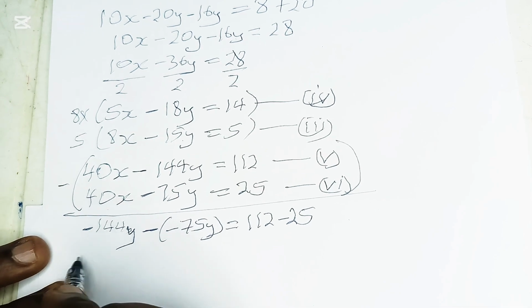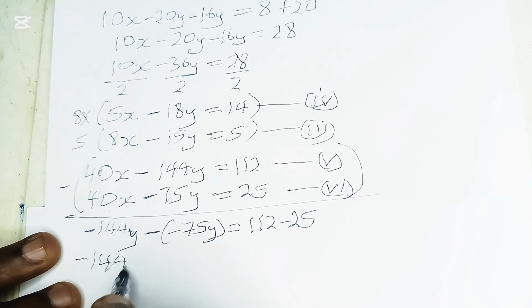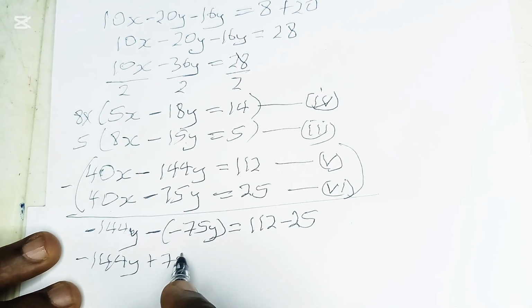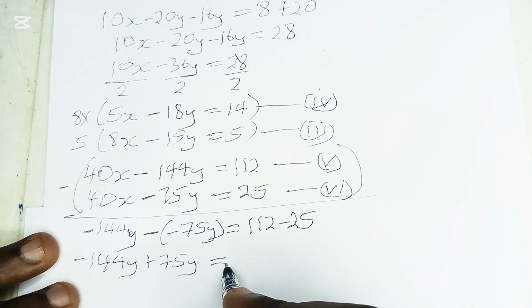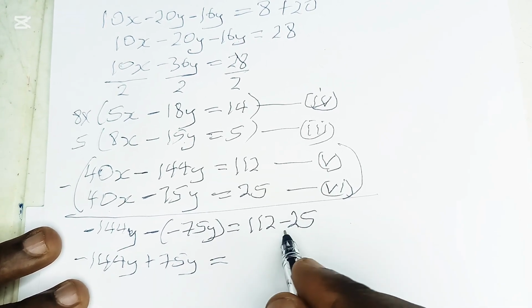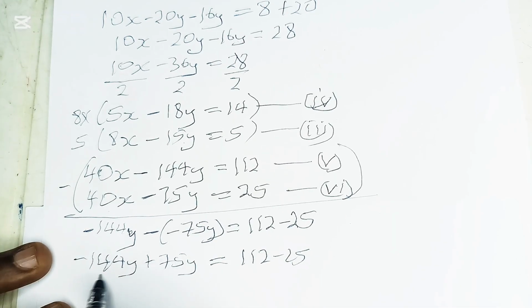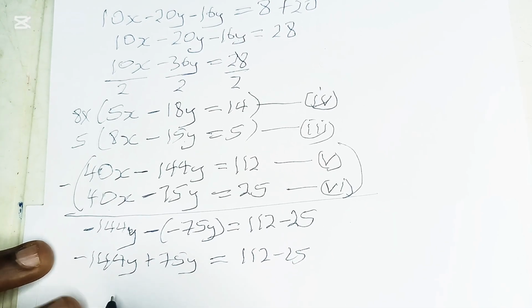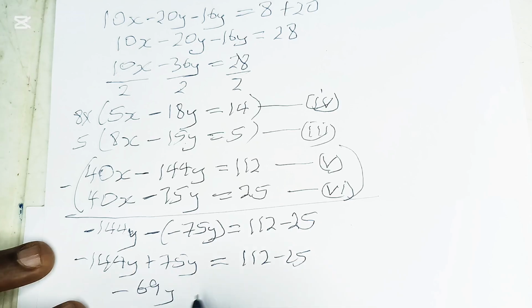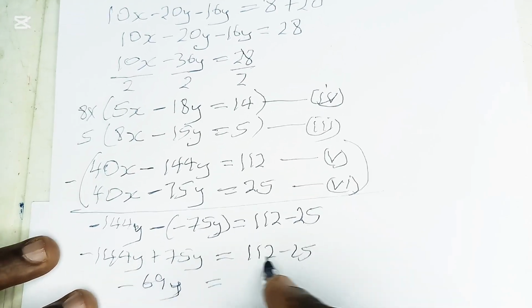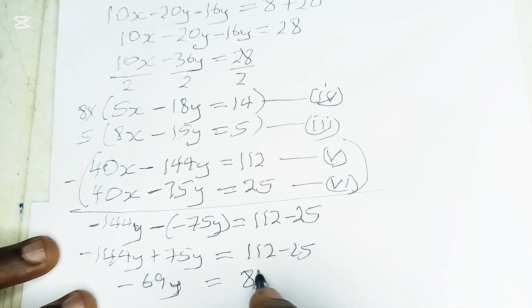Minus times minus, we have minus 144y plus 75y is equal to this minus this. So we have 112 minus 25, and minus 144 plus 75, we have minus 69y is equal to this minus this, that gives us 87.